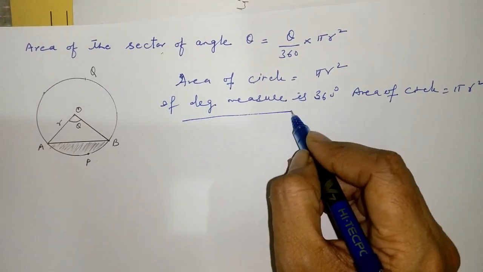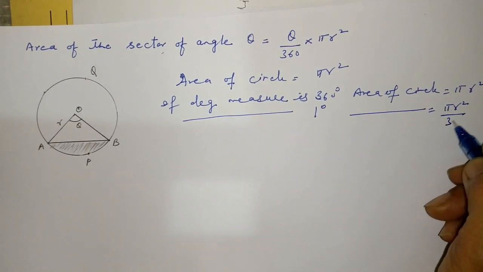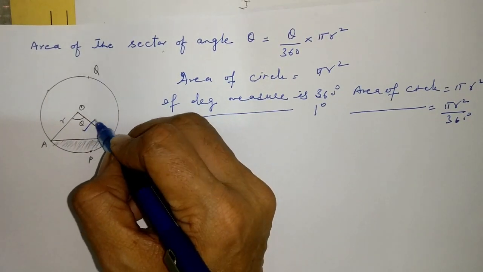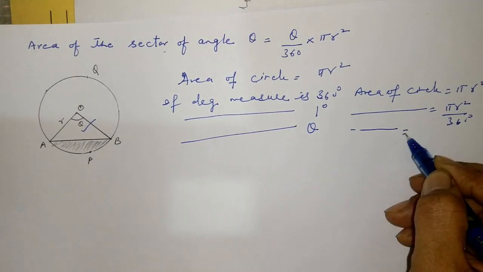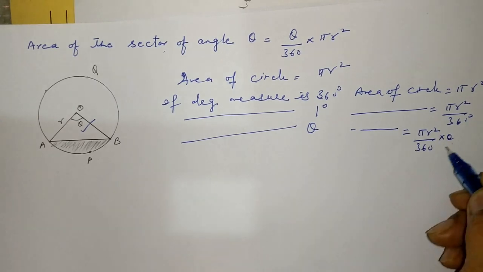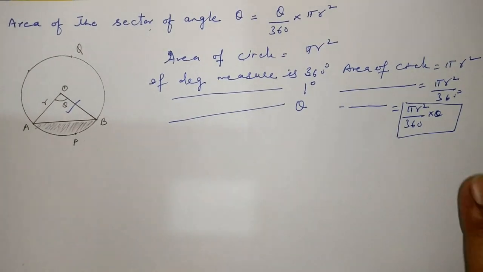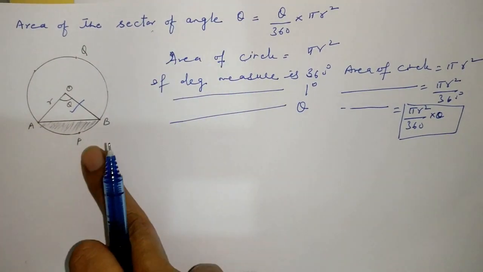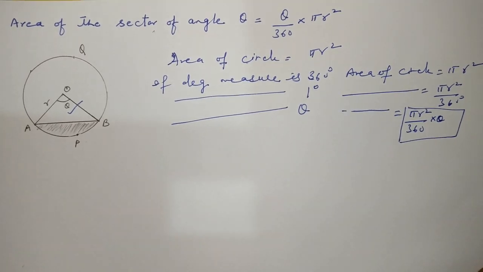We'll continue with the same. If it is 1 degree, it is going to be pi r square upon 360, and here we have been given theta. If it is theta, it is going to be pi r square upon 360 into theta. So this is the formula for the area of the sector of angle theta. This is pi r square theta upon 360.